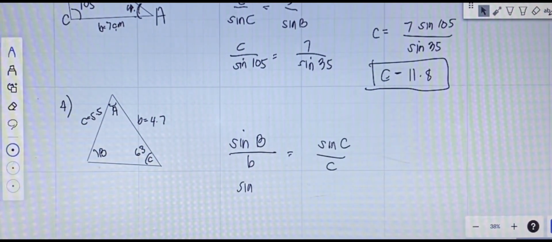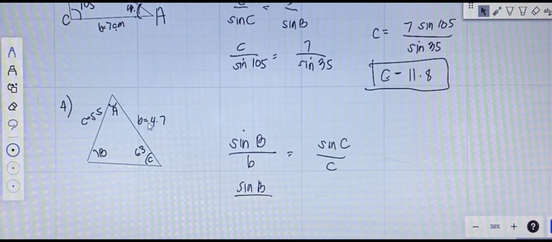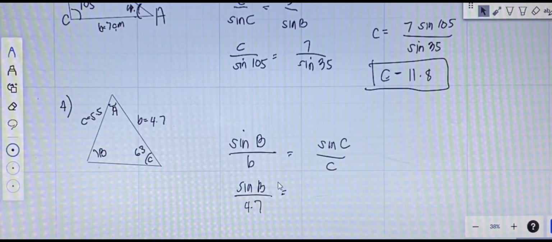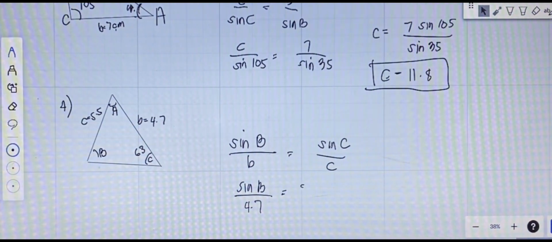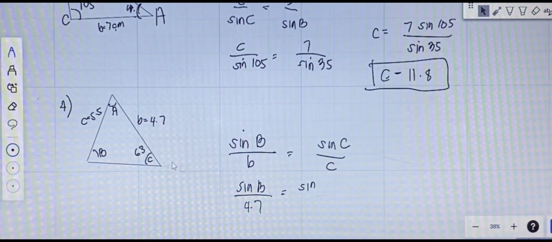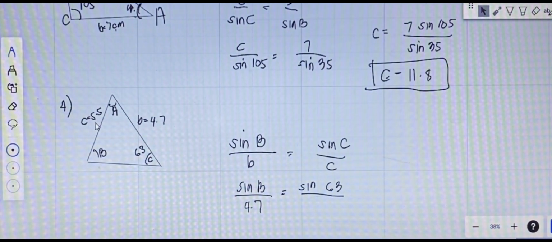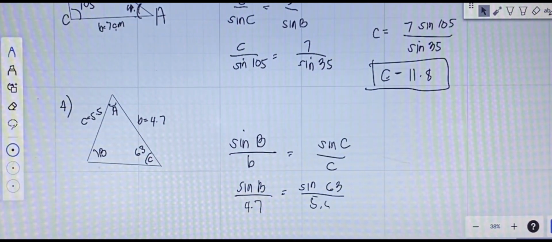So sine B over 4.7 is equal to sine 63 divided by small c, 5.5.